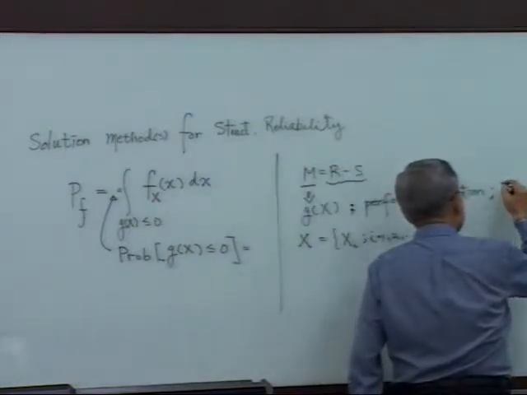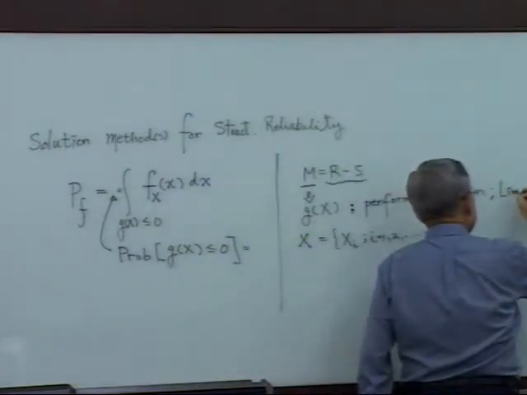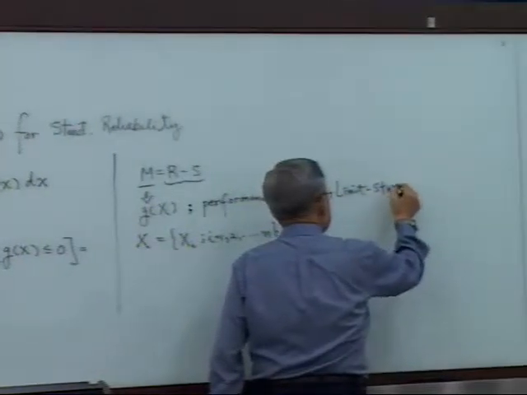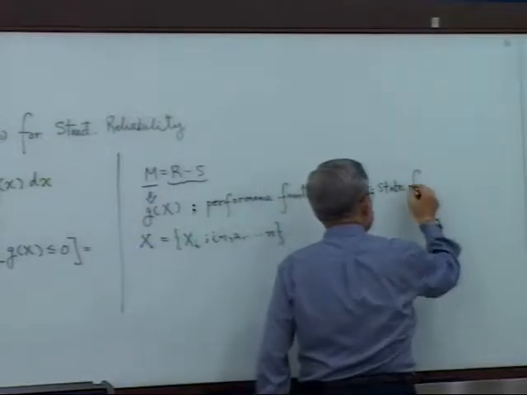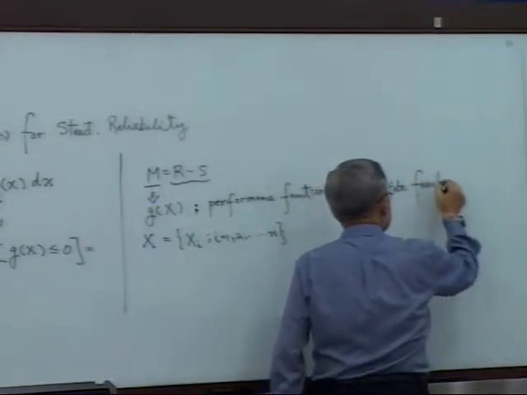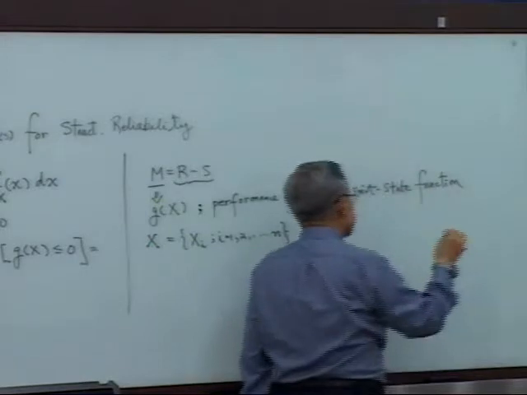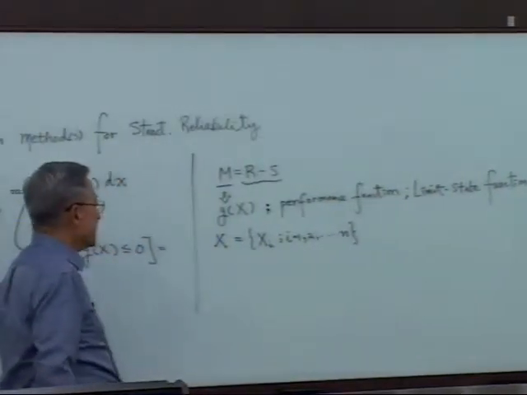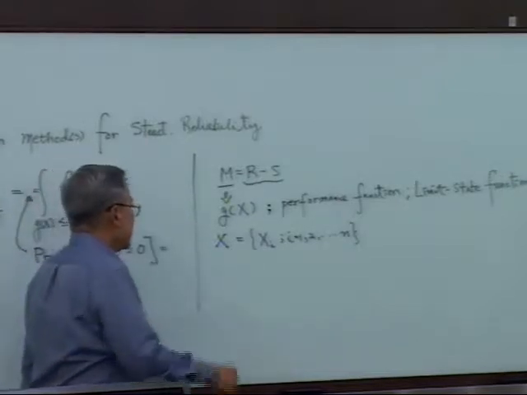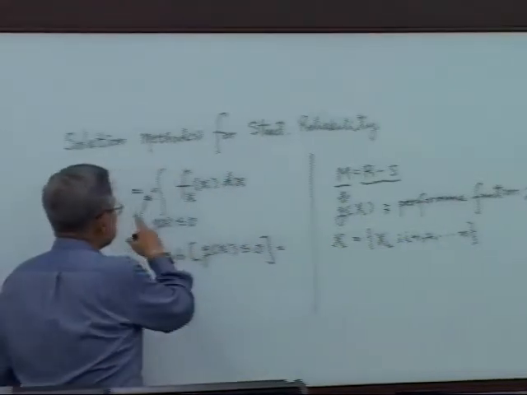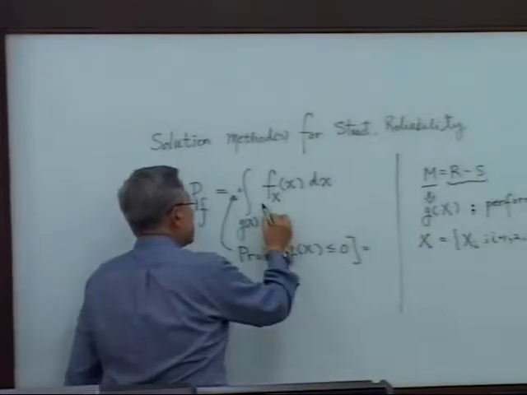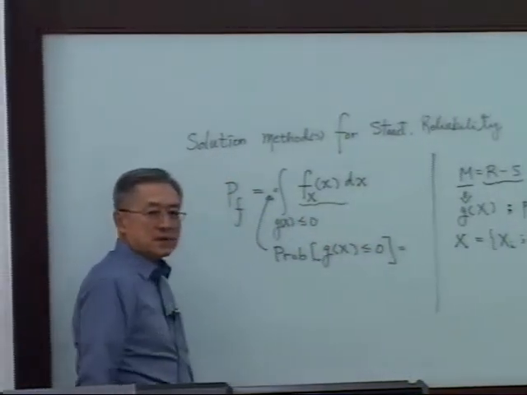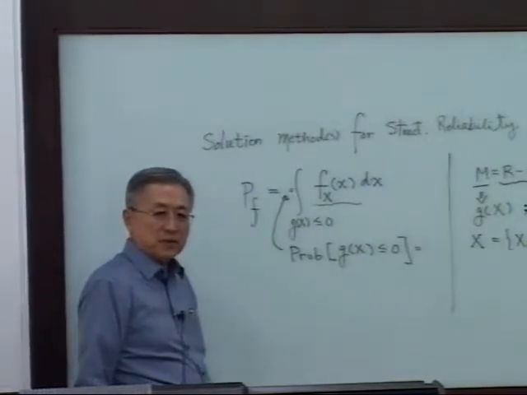This is sometimes called the limit state function. And this is the PDF, the probability density function, of course, for the X random variable.